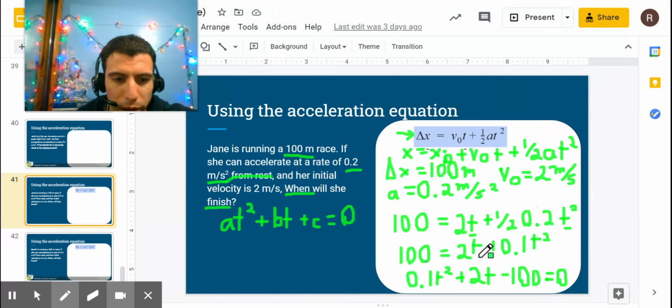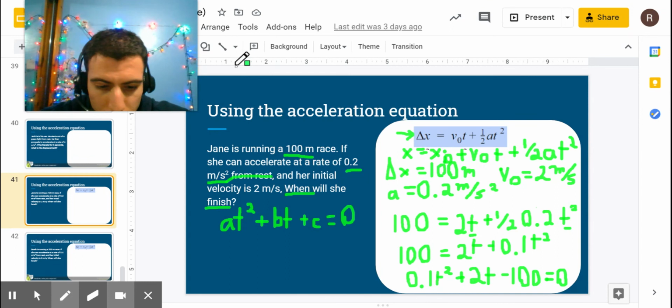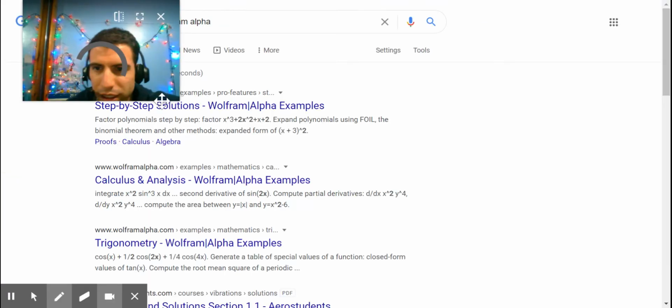I'm just going to plug this in as is, and then I'll come back to this slide. So we have 0.1 t squared plus 2t minus 100 equals 0. That's the polynomial form. Then we just say Wolfram Alpha, and it's going to do it for me.